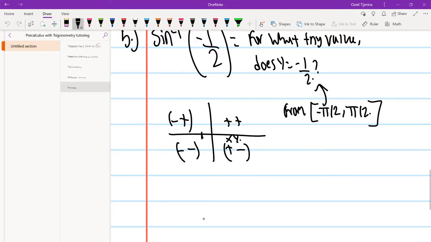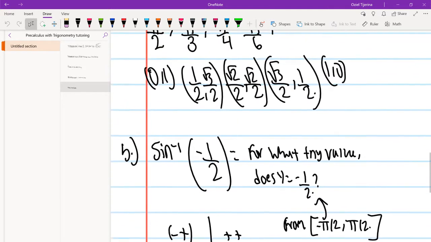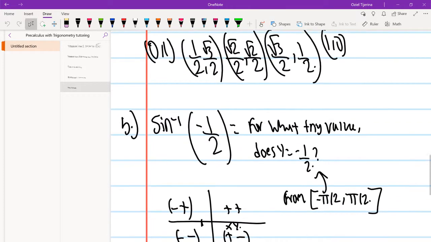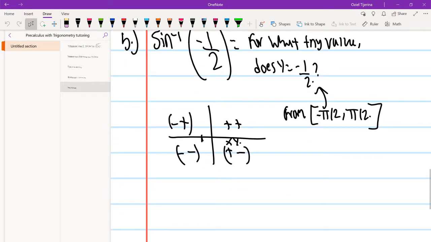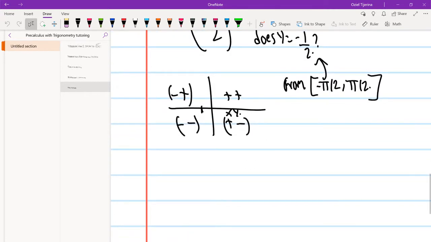So you would have sine inverse of negative 1/2. It would definitely be in the 4th quadrant.